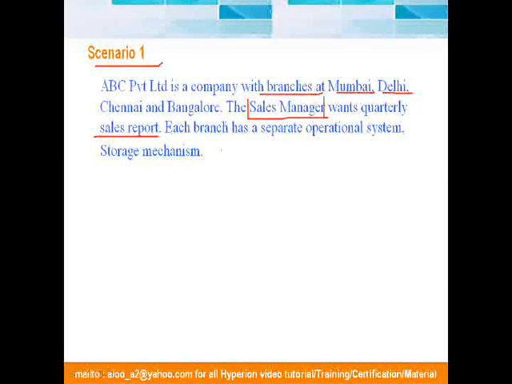Disparate technology means some data is stored in Oracle, some in SQL Server, some somewhere else. So disparate data is stored in disparate technologies. Each branch has a separate operational system. Operational system is also a keyword. A system is designed to cater to day-to-day operation.